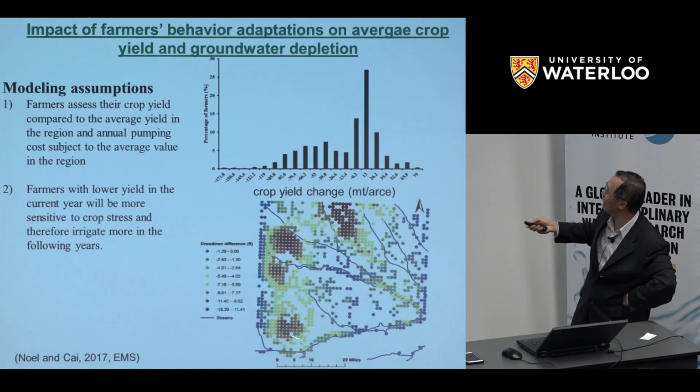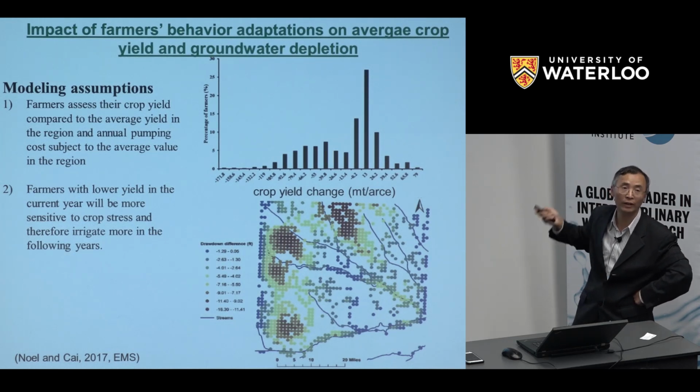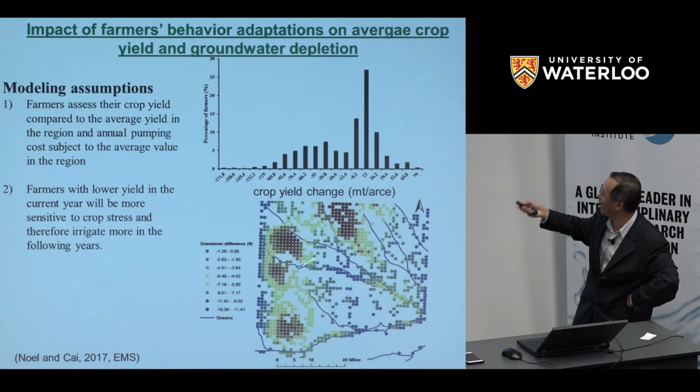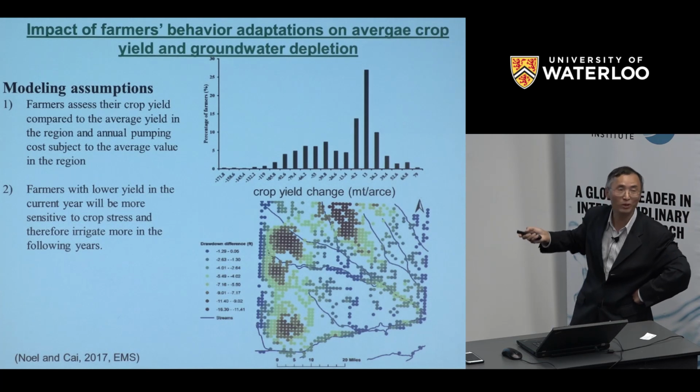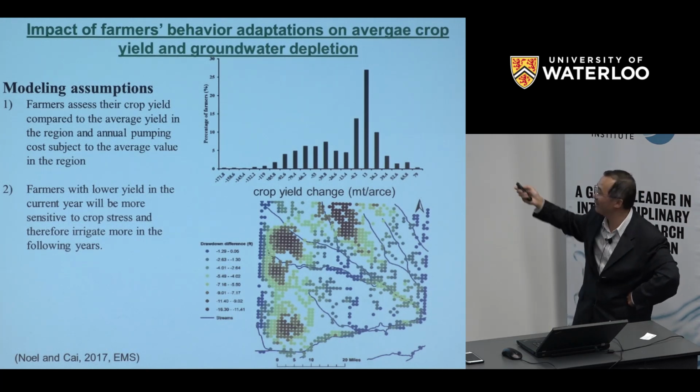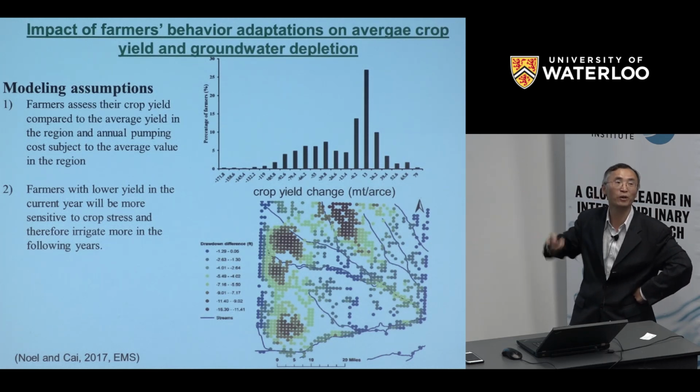The other finding is that with this adaptation, with the changed behavior, we could end up with some patterns of groundwater depletion reduction. In other words, these red arrows show that if farmers really follow those assumptions, the depletion in these four particular areas could be reduced.